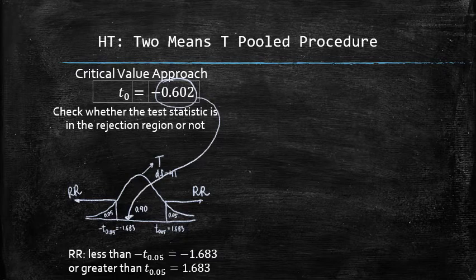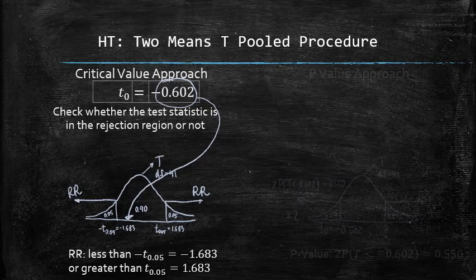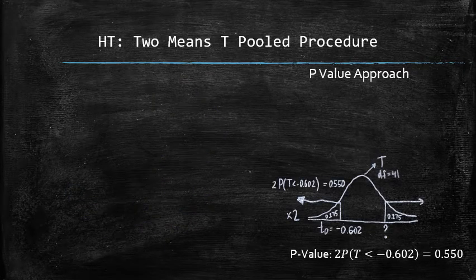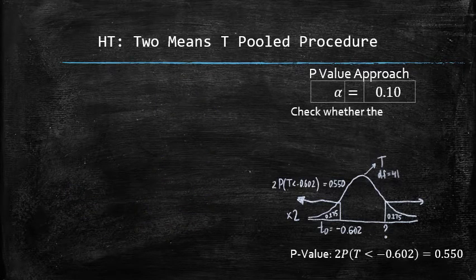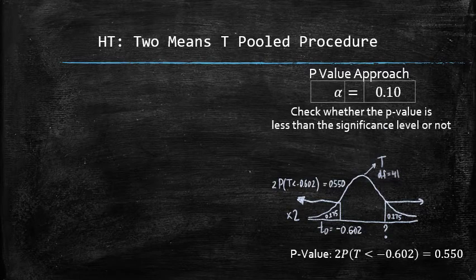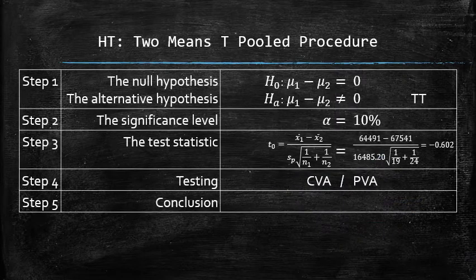Thus, it is not in the rejection region. In the p-value approach, we must check whether the p-value is less than the significance level or not. Our p-value is 0.550, and it is greater than alpha. Both tests suggest that we do not reject the null hypothesis in favor of the alternative.